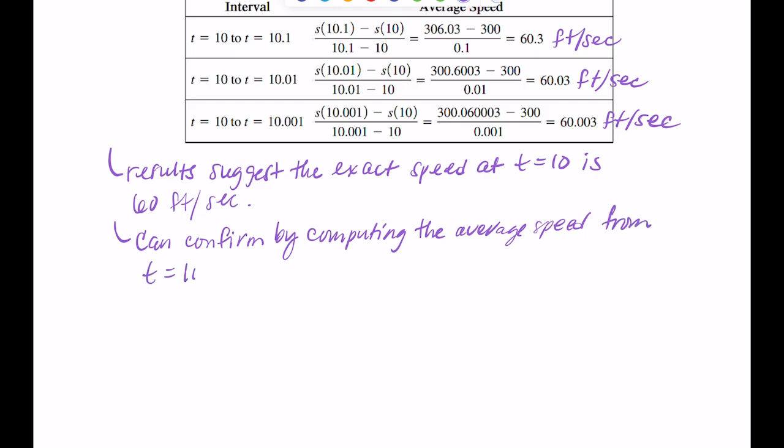from t equals 10 to t equals 10 plus some value, we'll call it h. So here h is 0.1, 10 plus 0.1. Here h is 0.01, here h is 0.001, and so on. So that's how we create our smaller intervals. h is just a small non-zero number that represents a small change in time.